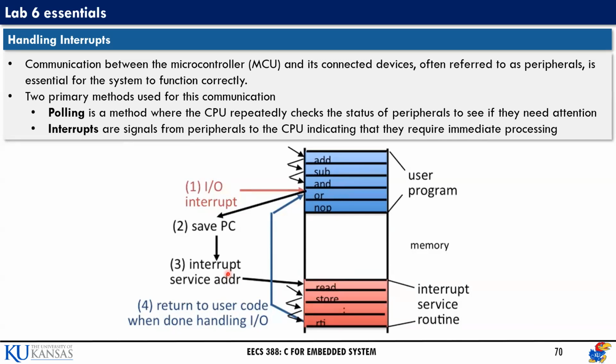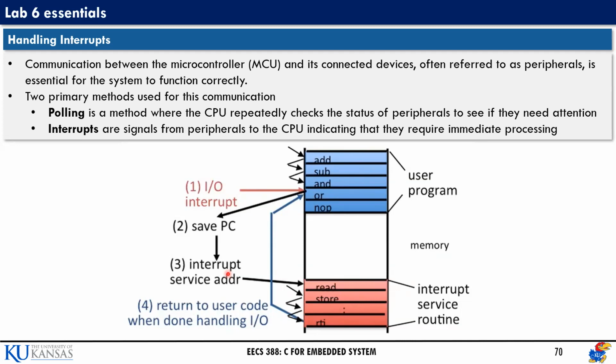After pausing the current execution flow, it responds to an external, or it can also be an internal, event by executing a specific function called an interrupt service routine, or ISR, before returning to the main program flow. So it saves the program counter, executes the ISR, and then returns to the main program flow.